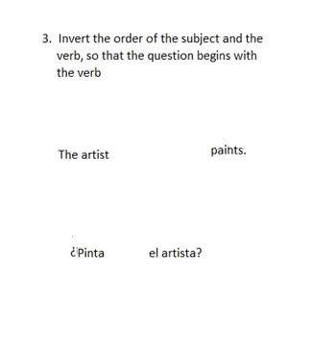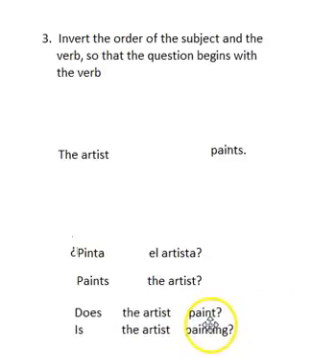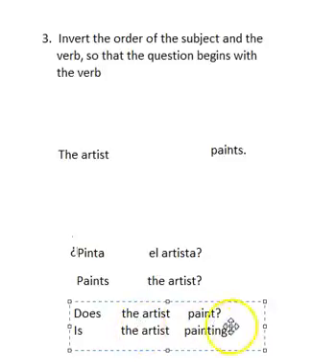Now, to you and I, it would look like this sentence should be translated as paints the artist. Well, we would want to say, does the artist paint? Or is the artist painting? But this is what we would want to say, because this kind of looks weird to us.